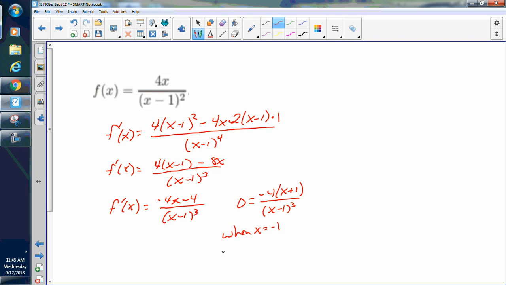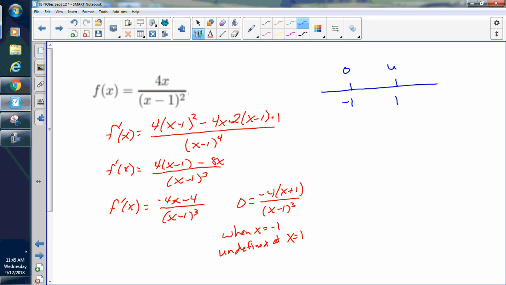But our derivative and our function is undefined at x equals 1. But it's defined at all other values of x. So as we do our sign diagram now, we need to consider the negative 1 that causes us to have 0 for our derivative, and also consider the 1 that makes our derivative undefined.